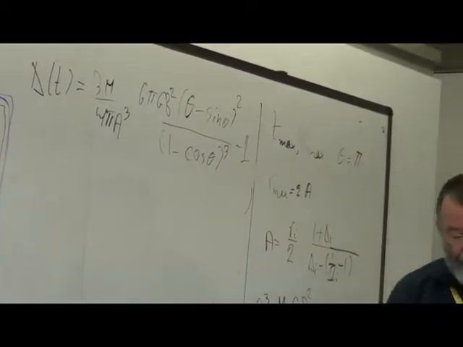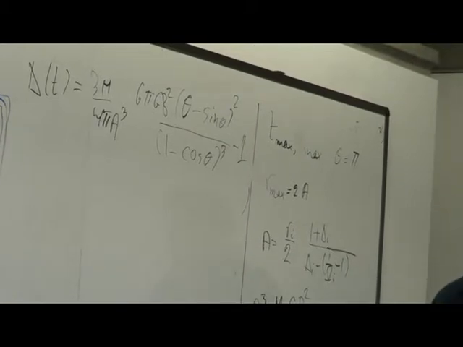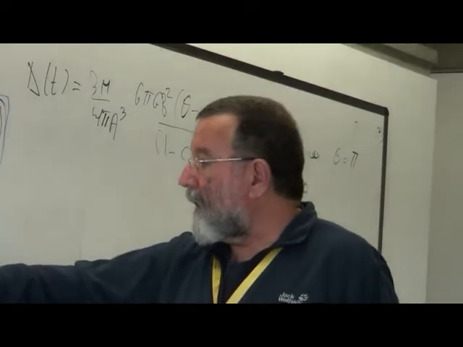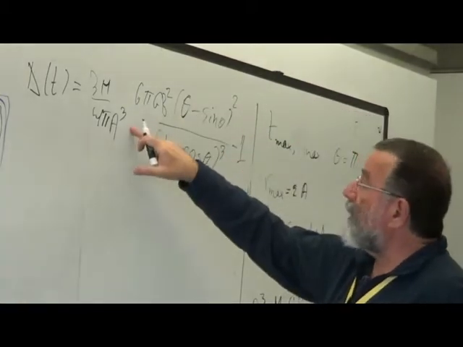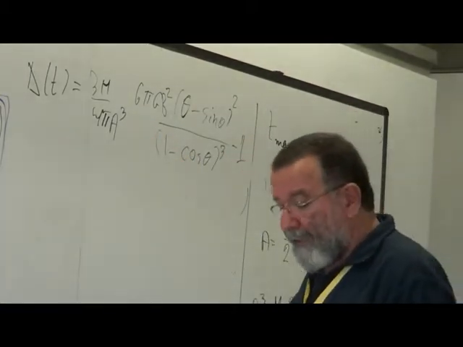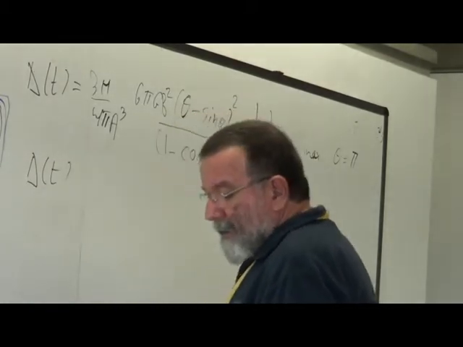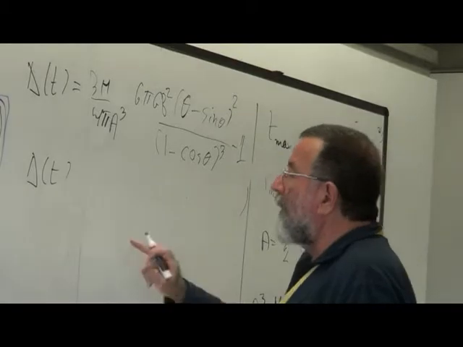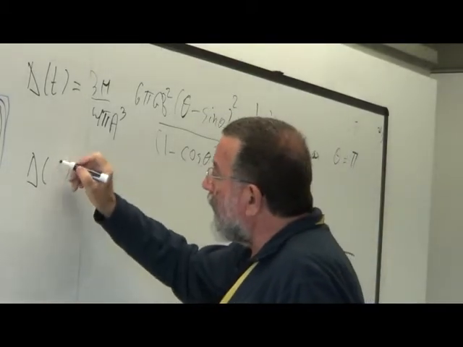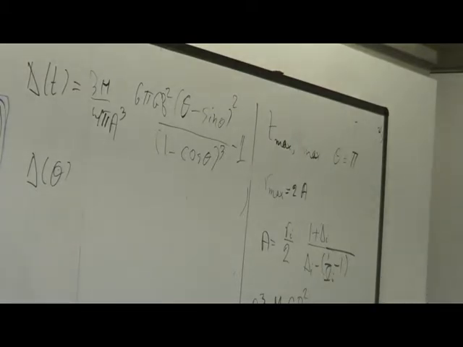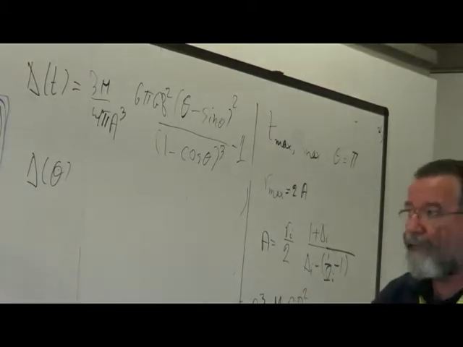Now I'm taking the expression that I had for the A and the B, and I'm plugging it here. And then what I'm getting is something that becomes simple. So now delta of t, I'm sorry, I don't have delta of t, I have delta of theta, because I haven't solved for t yet, okay? But I can do it if I want later on.